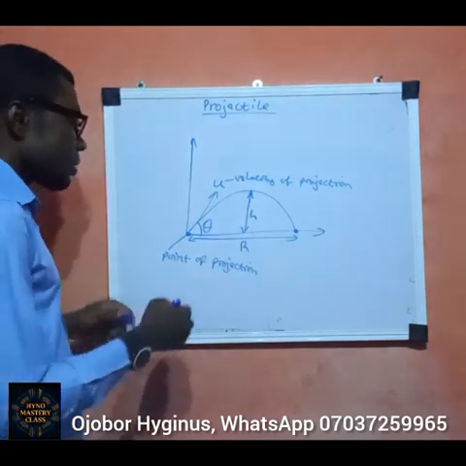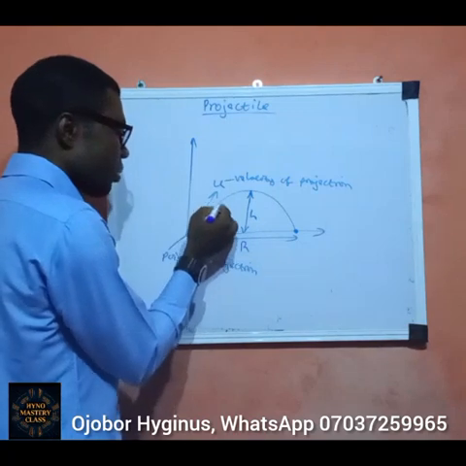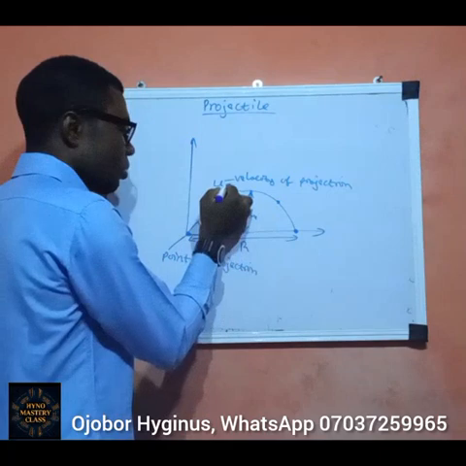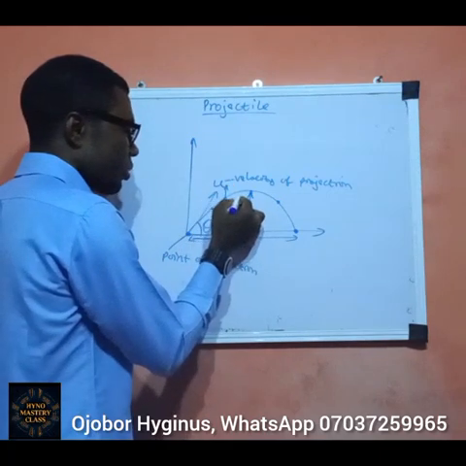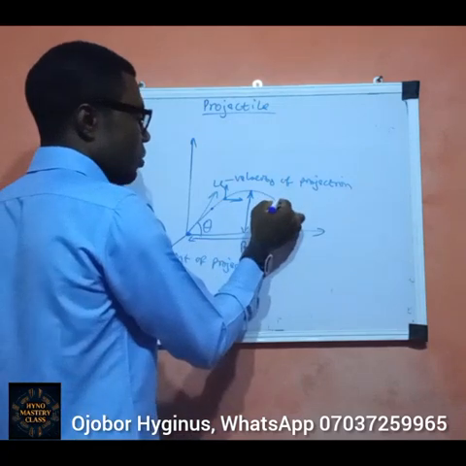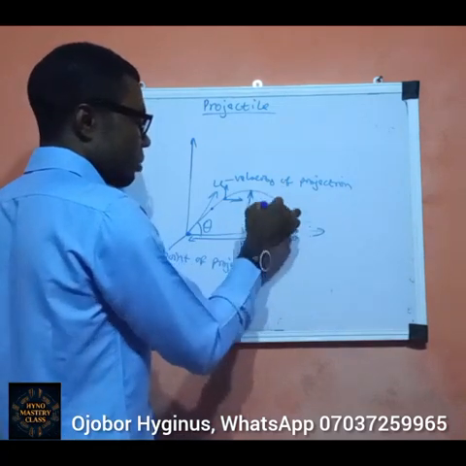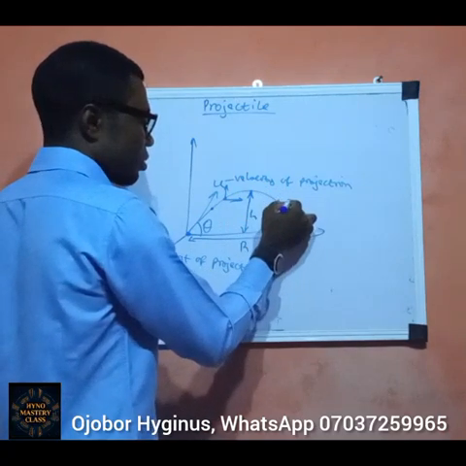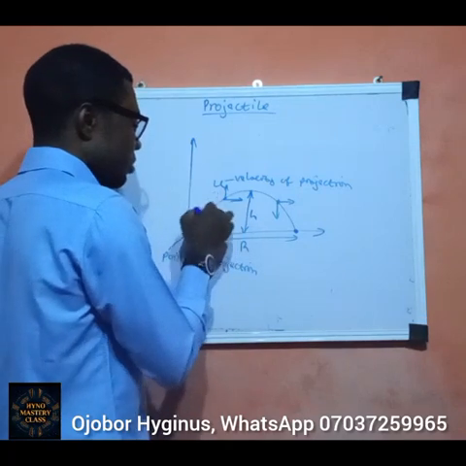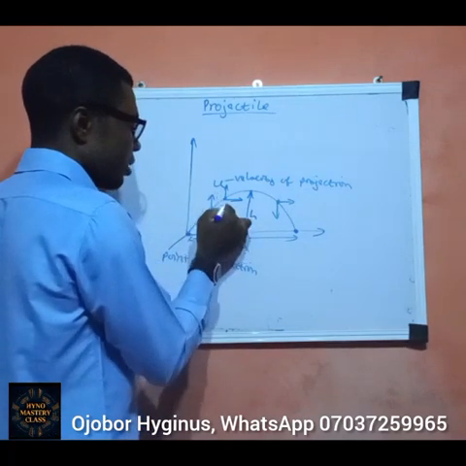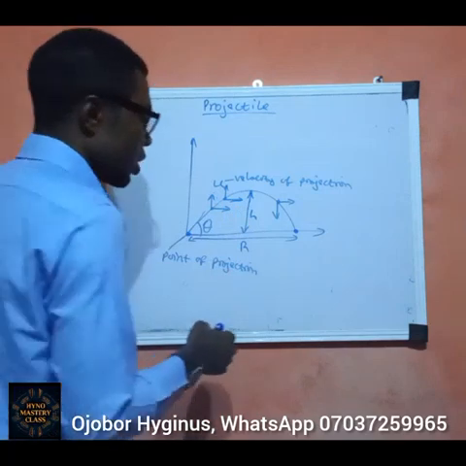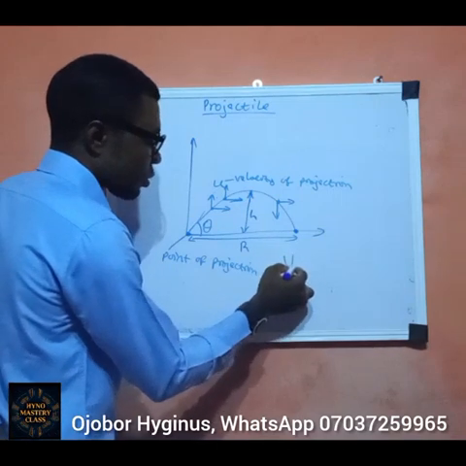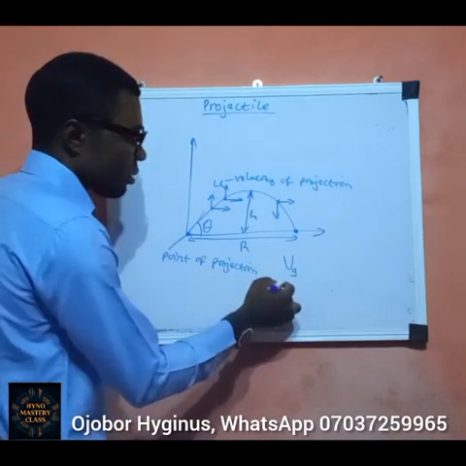As a body is moving, at every point of this trajectory we have the vertical component of projection and the horizontal component of projection. Here it is coming down, so we still have the vertical and horizontal components of projection, which in calculation we are going to represent with v subscript y for the vertical components and v subscript x for the horizontal components.